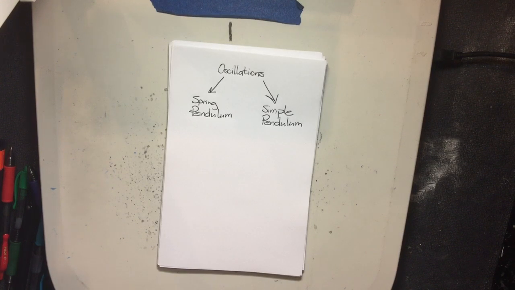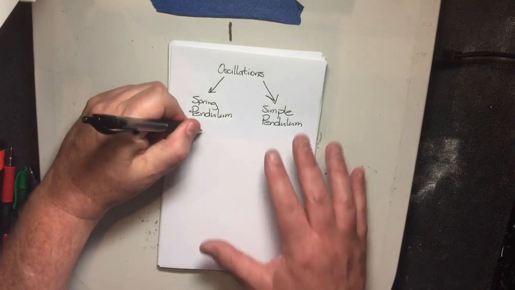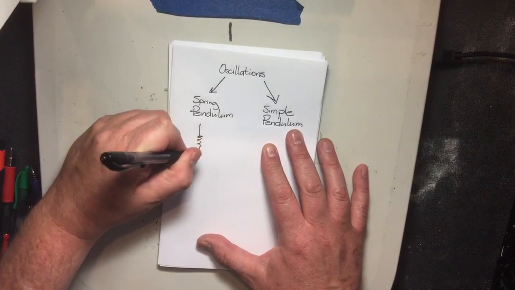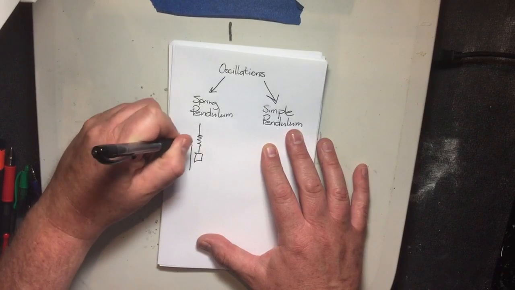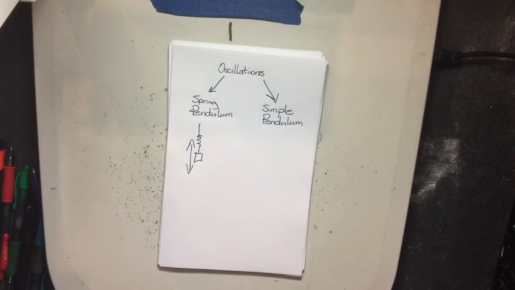So a spring pendulum: if you have a mass at the end of a spring and it's hanging, you pull it down, you let it go, and it goes bouncy, bouncy, up and down. Or you have a spring on a smooth floor with a mass, you pull the mass back, and it bounces back and forth.